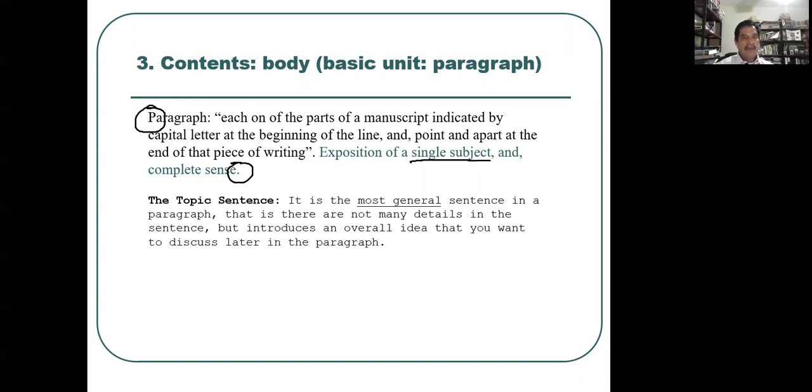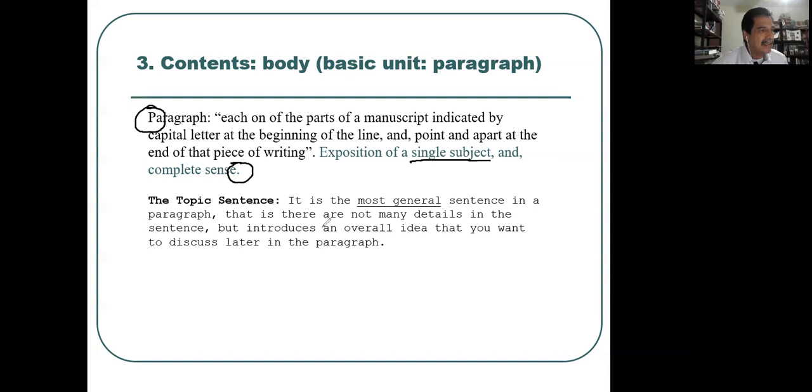So there are 3 parts in this paragraph, right? One is the topic sentence. Okay, Mr. Valles, would you please read the topic sentence? It is the most general sentence in a paragraph. That is, there are not many details in the sentence. Don't say but, introduce.